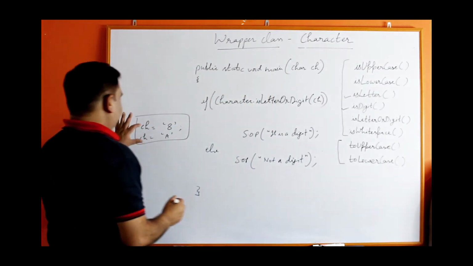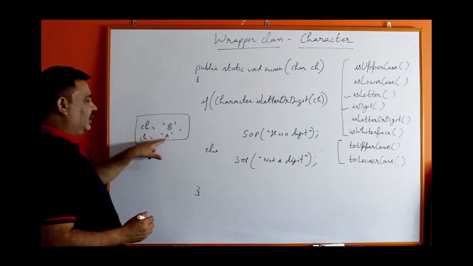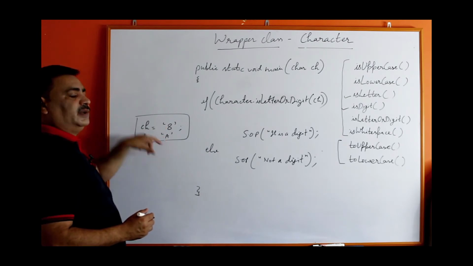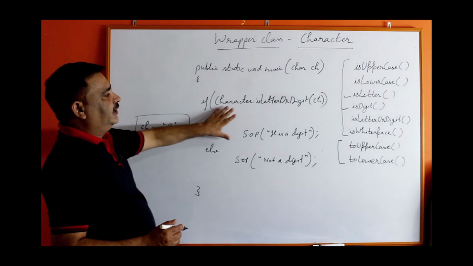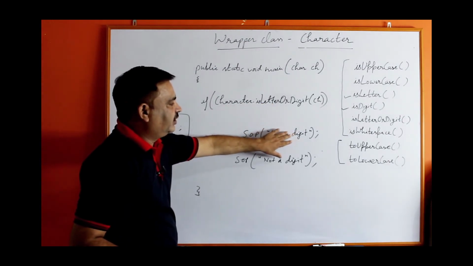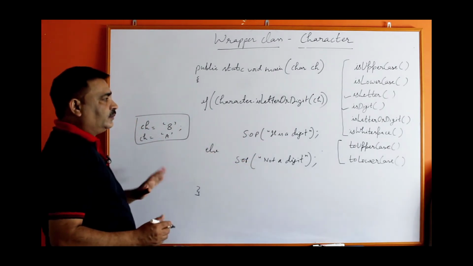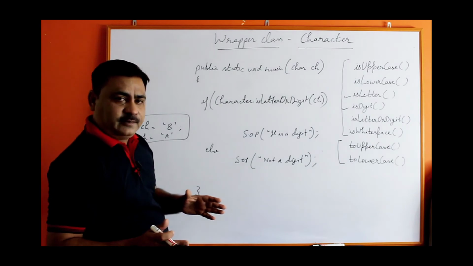So it means if the value of ch variable is either 8 or any alphabet, maybe capital or small, then it will return true value. It means it will execute this statement whatever you write here, otherwise else block will execute. So these are the ways to execute the functions.